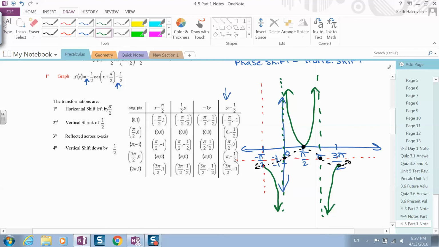Now notice there's no amplitude because this goes on forever. So the period is 2 pi because there's no horizontal stretch or shrink, and the phase shift is to the left pi over 2.